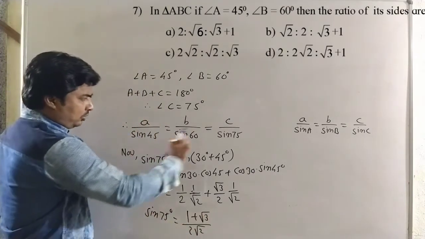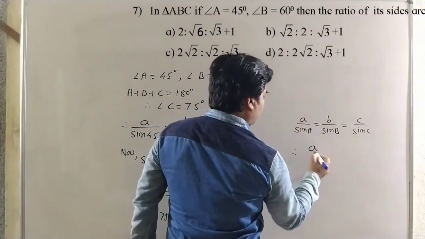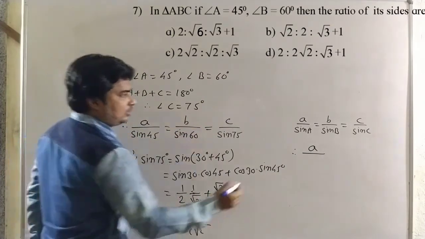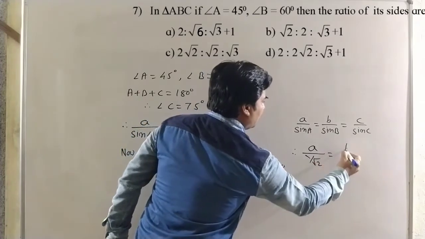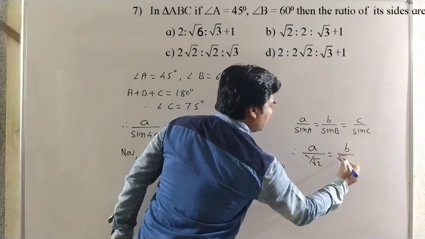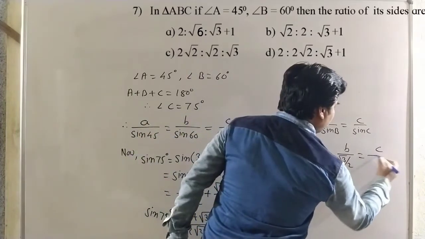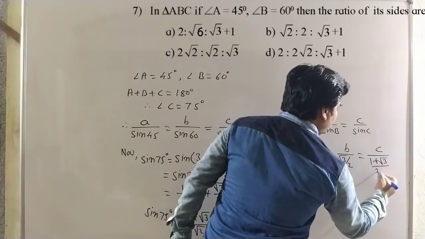Now we put all these values in this. Here a upon sine 45, that means 1 by under root 2, is equal to b upon under root 3 by 2, and c upon 1 plus under root 3 upon 2 root 2.